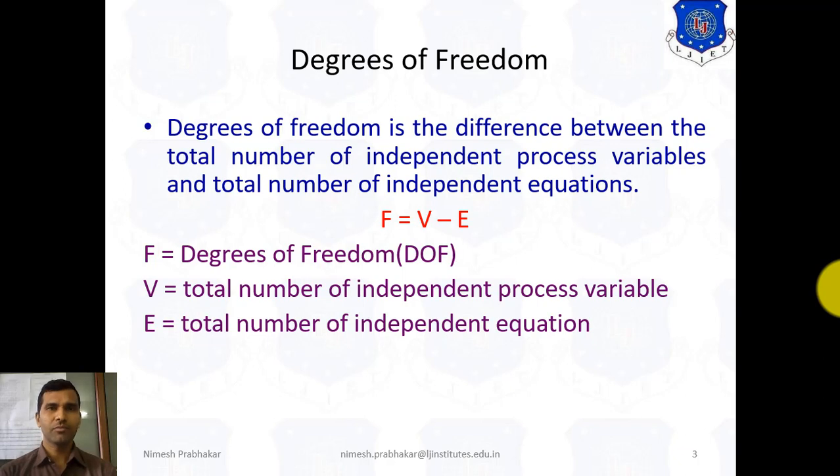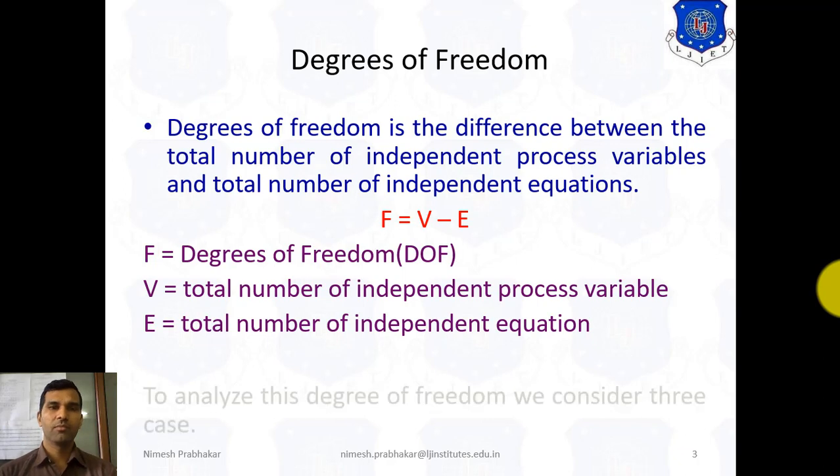In the continuously stirred tank heater we get two equations at the end, the mass balance equation and the energy balance equation. So how many equations do we get? We get two equations, which indicates the total number of independent equations.